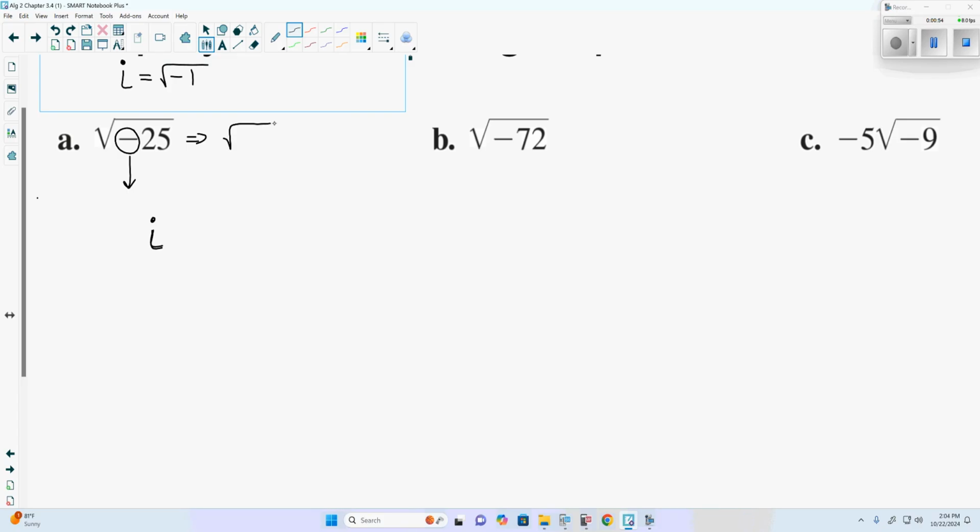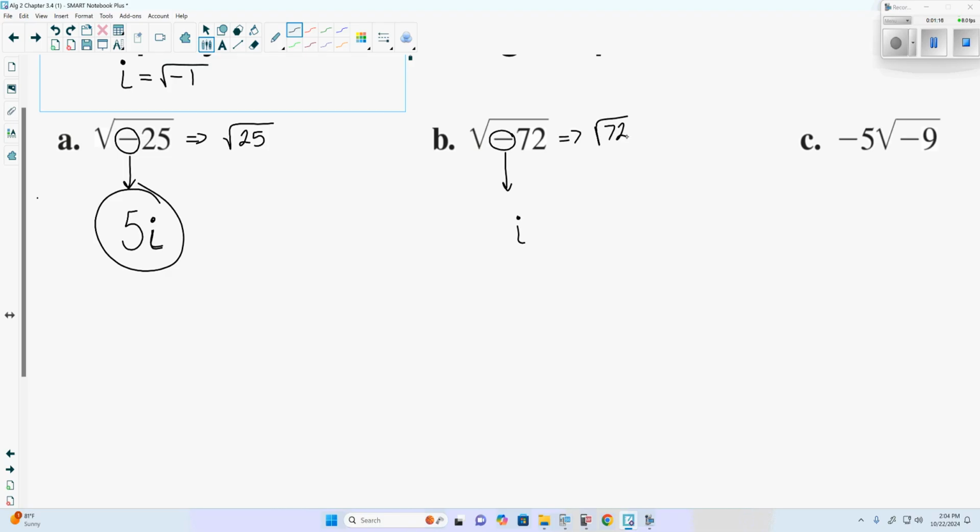So for the square root of 25, well, the square root of 25 is 5. So the square root of -25 is 5i. Now the next one, the negative would come out as i, leaving us with the square root of 72.